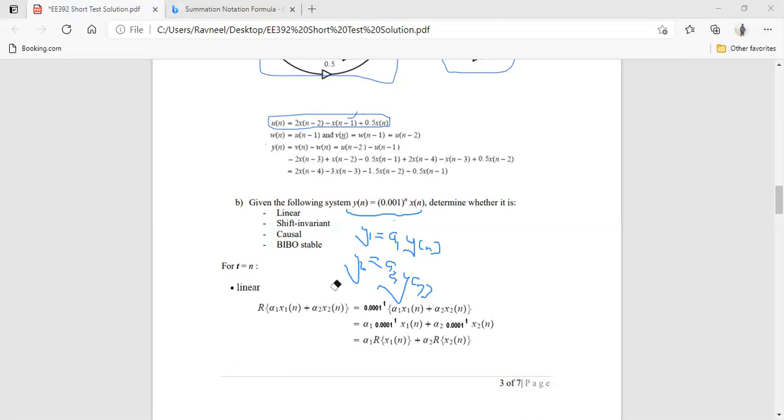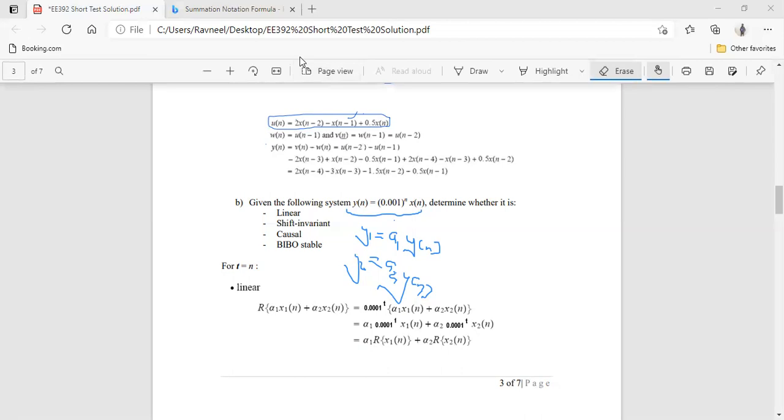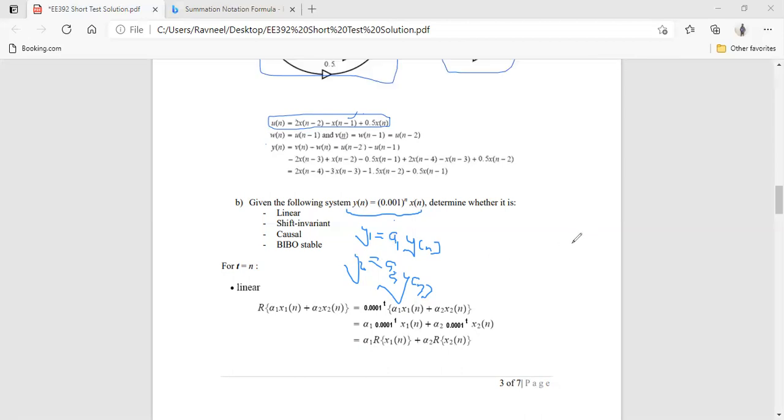So when we are considering y1 and y2, we have considered that y of n, if it's homogeneous and additive, is equal to y1 plus y2. This is one condition, right?